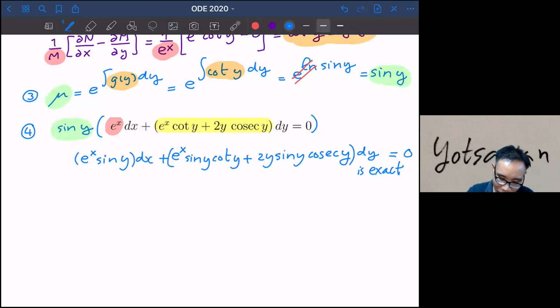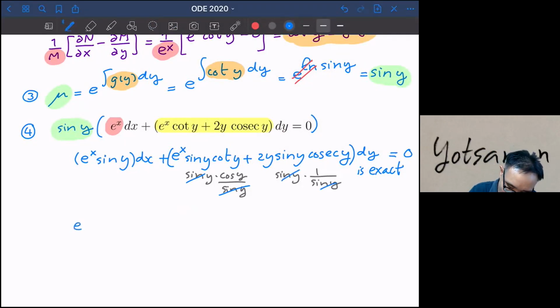We need to play with algebra a little bit. Sin y cot y: cot is cos y over sin y, and you get rid of these two, so you have only cos y. And cosec is 1 over sin y, so it's sin y times 1 over sin y, and they get rid of each other also.